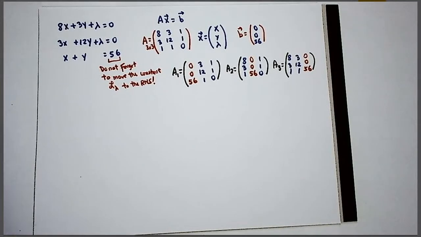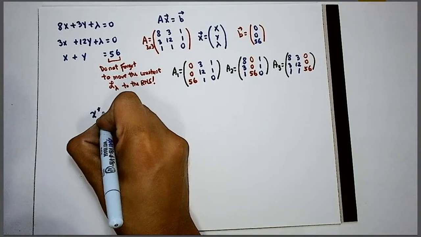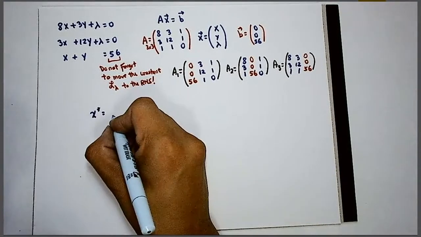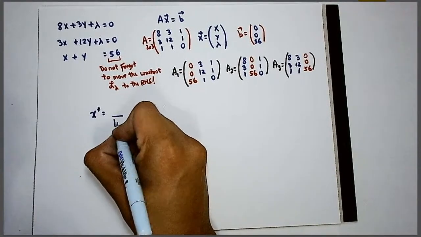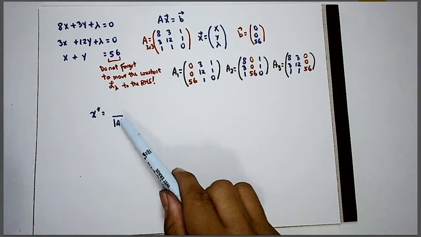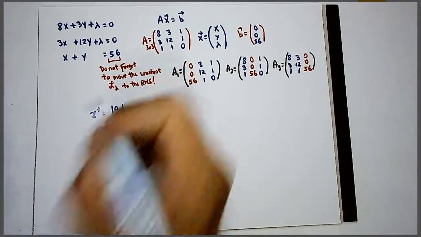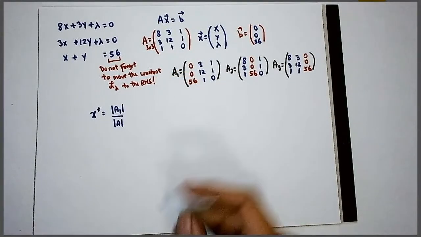And remember that because we have these submatrices, in order to obtain the value of the first element, which is x, it will be the determinant of the matrix A in the denominator and the determinant of A sub 1 in the numerator.